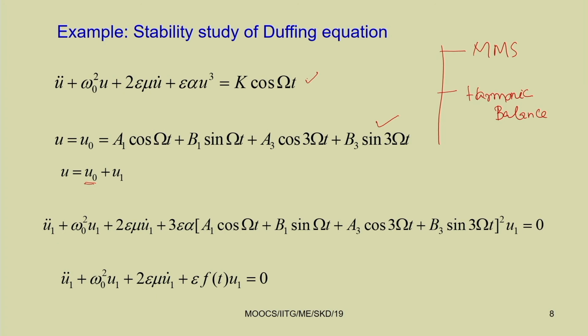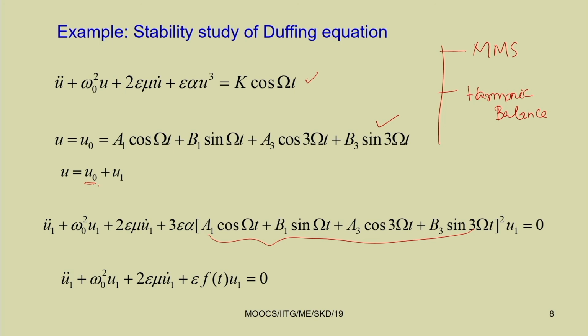So it will be u1 double dot plus omega 0 square u1 plus 2 epsilon mu u1 dot plus 3 epsilon alpha times a1 cos omega t plus b1 sin omega t plus a3 cos 3 omega t plus b3 sin 3 omega t, whole square, into u1. You just see, this is nothing but the expression for u0, and it is a function of u0. As the nonlinear u cube term is present here, you can have this term in the perturbation.